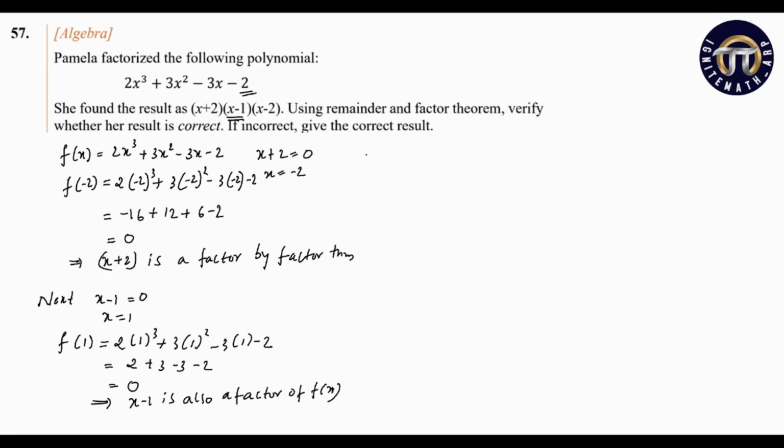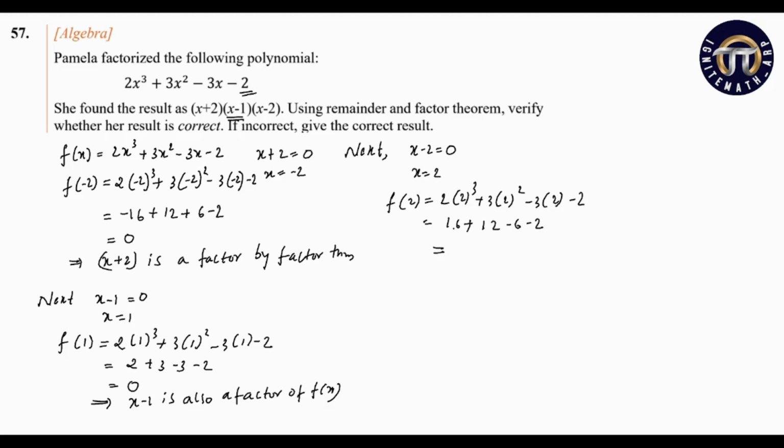Now let me check with the other one, that is x minus 2. So x minus 2 equal to 0, x is equal to 2. So I'll find out f of 2. That is 2 into 2 cube plus 3 into 2 square minus 3 into 2 minus 2. 8 into 2 is 16, plus 4 into 3 is 12, minus 6, minus 2.